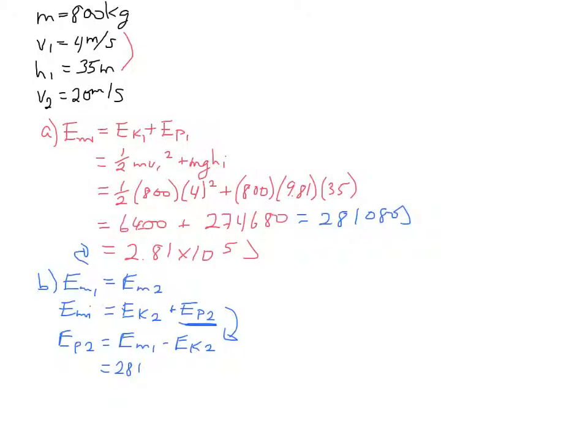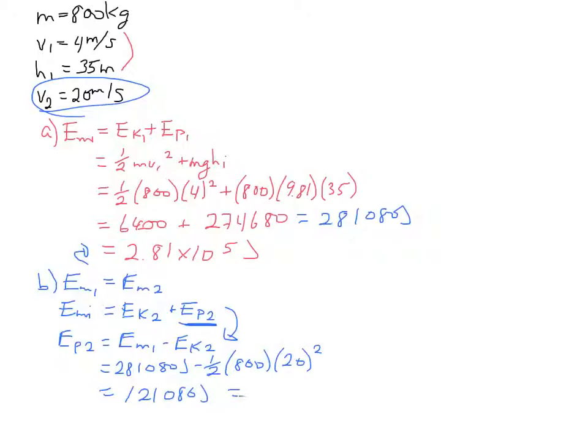What I'm subtracting is half times my mass, which is 800, times my second velocity that I just circled in blue, which is 20 meters per second, and I have to square that. What I get is a final answer of 121,080 joules, and for significant digits I have 1.21 times 10 to the 5 joules.